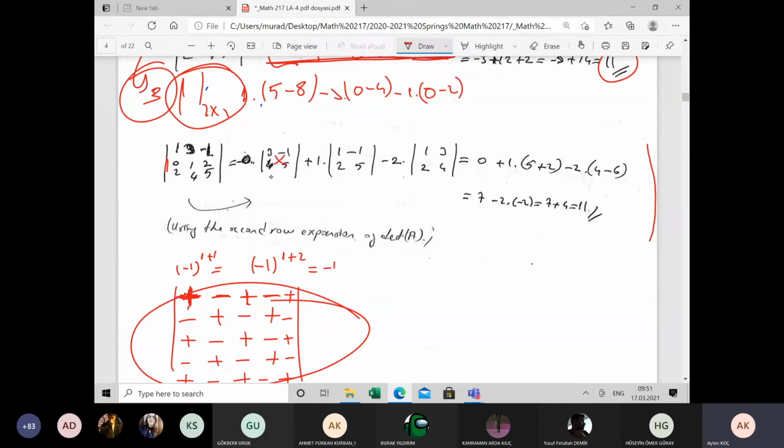So we can ignore this one. This one is 5 minus, and minus plus 2 multiplied by 1. This one is 4 minus 6. It's okay. Multiply by minus 2. And then we obtain the same result. It's okay.